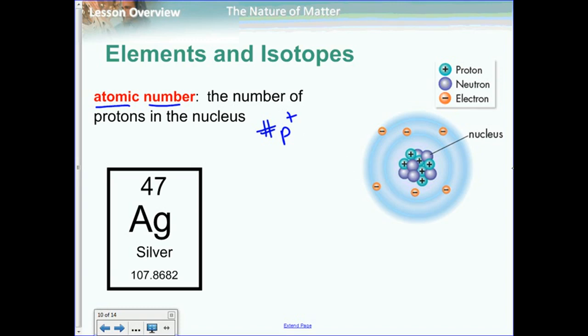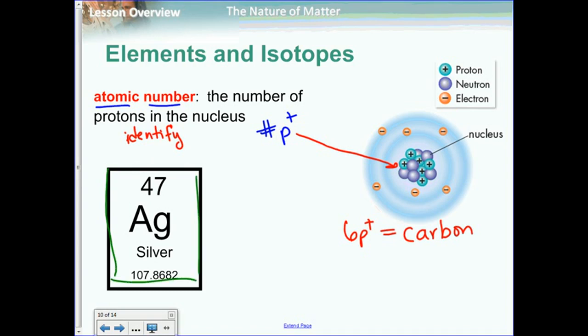So if I look here at this element over here, I see that it has 6 protons, and that will then tell me that this element is carbon, because the atomic number is how we identify an element. Here's another example. This is an example of a square that would have come off of a periodic table. So this square came from the periodic table, and this number right here would be the atomic number.